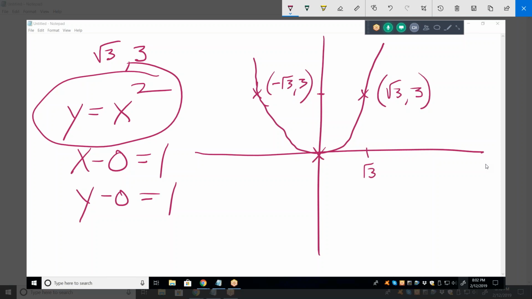They do not understand. So it's just basically writing it in standard form. So, x minus 0 equals... it's basically x minus 0 equals y minus 0. Well, that's not right, though.